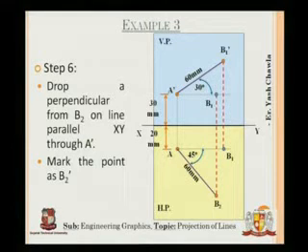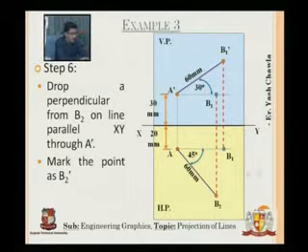Now I'll name this B1. So what I have done is, using the two different parts of the problem, I have got the lengths of the projections. This A dash B1 is the actual length of the front view, and this A to B1 is the actual length of my top view.